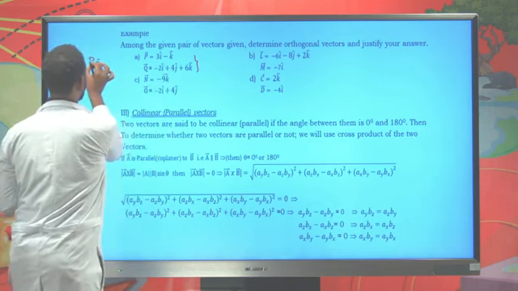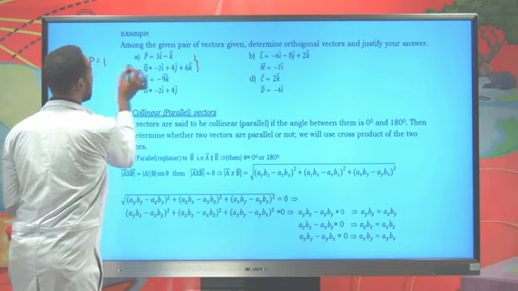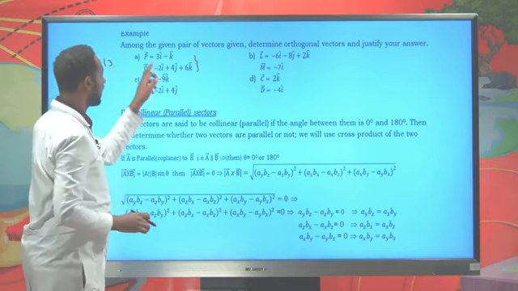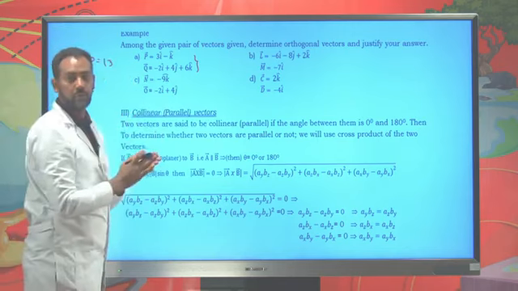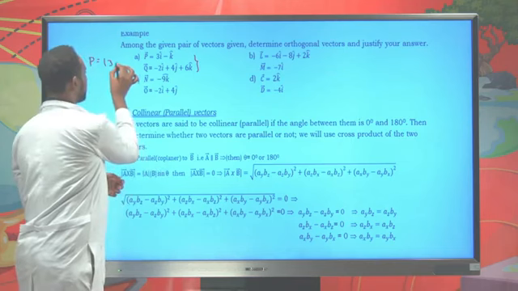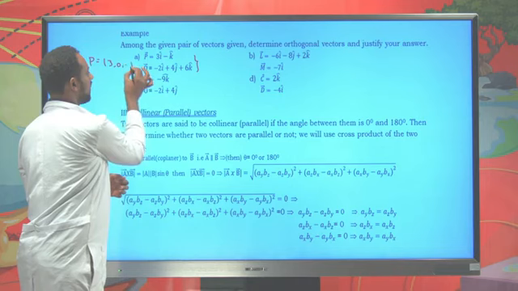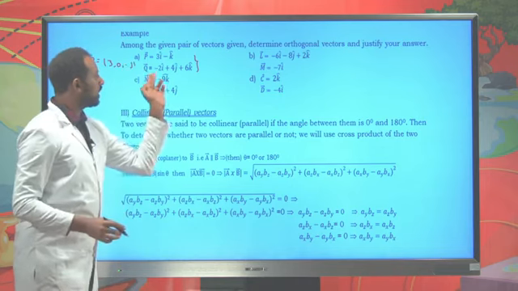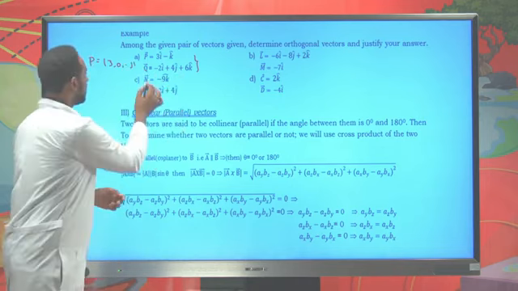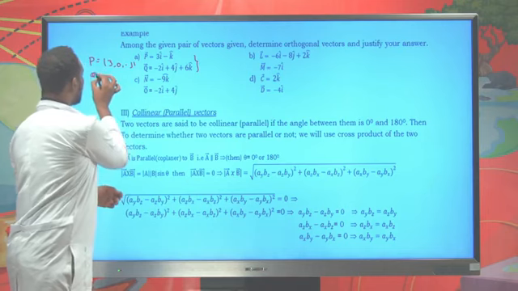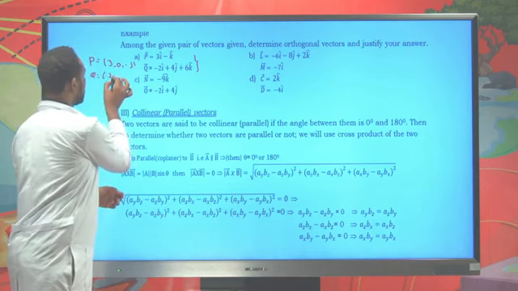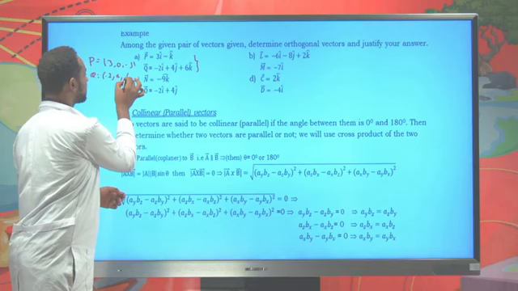The components of vector P are: the I component, 3. We don't have a J component or Y component, therefore it is 0. And the component of Z is -1. And here you have Q. The components of Q are -2, 4, and 6.